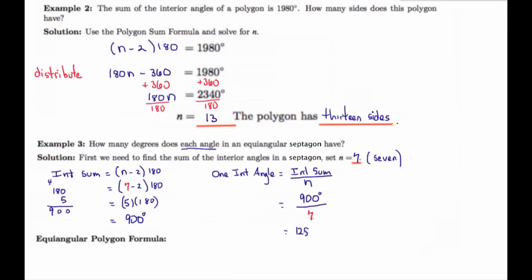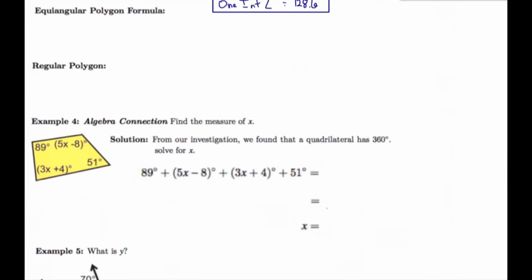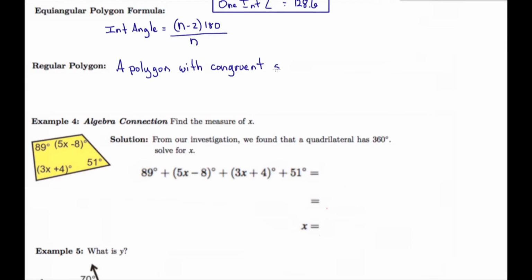So 900 divided by 7 is about 128.6 degrees, rounded to the nearest tenth. So the formula here for solving for one of these angles in a regular polygon is the interior angle equals n minus 2 times 180 divided by n. And then again, the regular polygon is a polygon with congruent sides and angles.